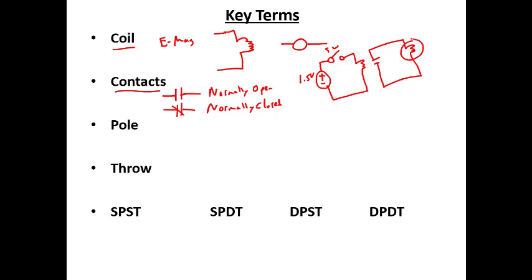And then let's say that this is a light, and this is our contact, and then we have an AC source. So here is a light bulb, and then we have a 120 volt AC supply.